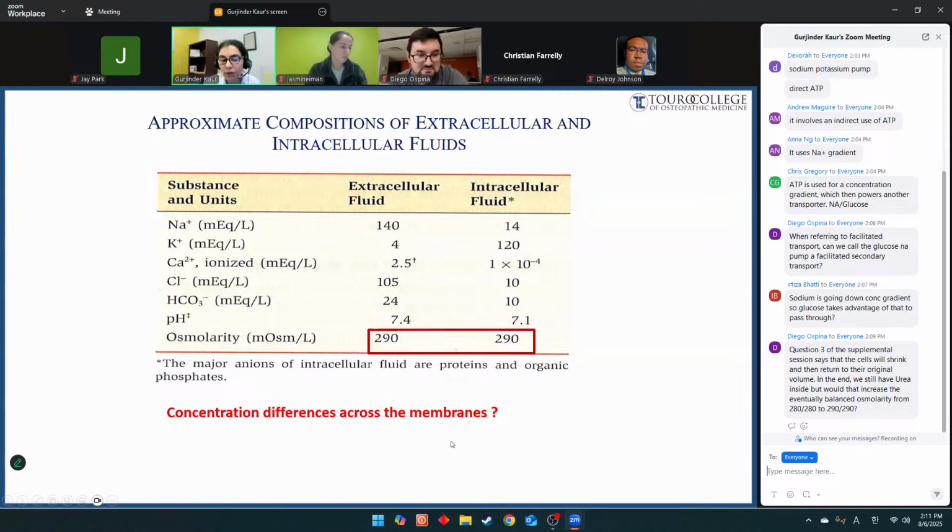Can anyone tell me why we have this concentration difference across the membrane and what roles these concentrations or the gradients play? We discussed it in the class, so if you can just rewind.